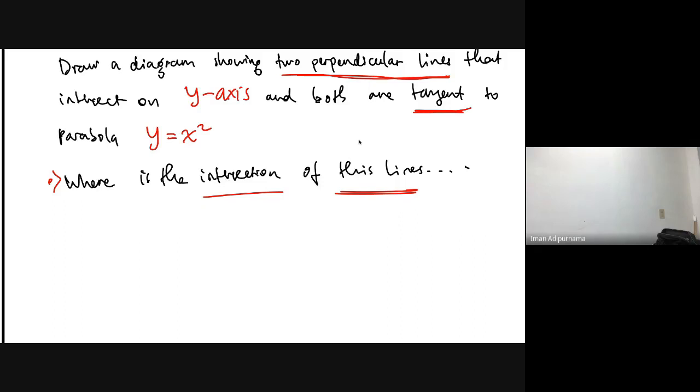If I have x here, it's 1/4, but it's only 1 point, right? Can you draw the tangent line?